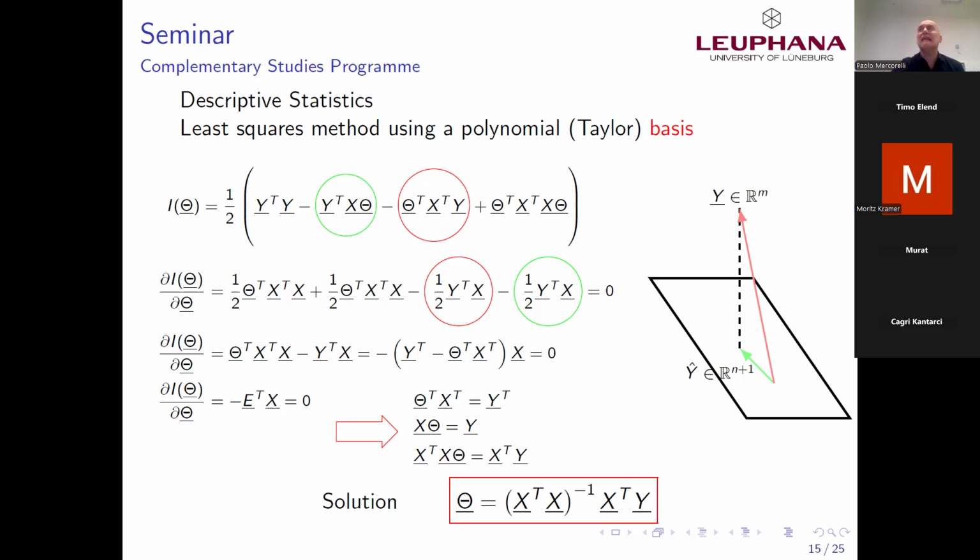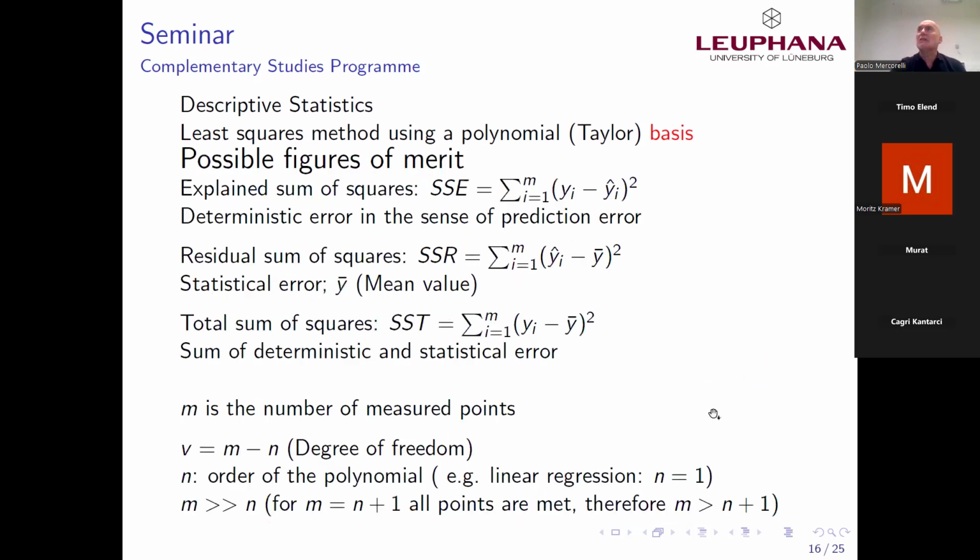Basically, the interpretation says that this method states somehow, it's quite abstract, an orthogonal projection of this vector on a hyperplane, which is defined by n+1 dimensions if n is the order of the polynomial. But anyway, this is quite abstract, but probably some engineers and data science students know this possible interpretation a little bit, therefore I put it here.